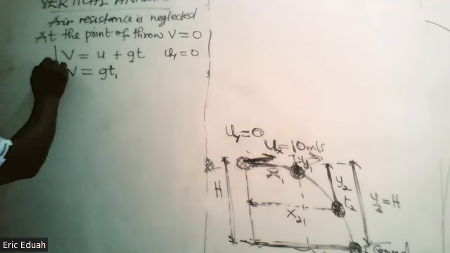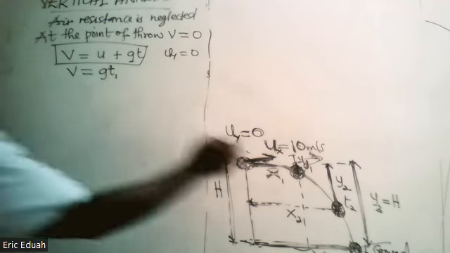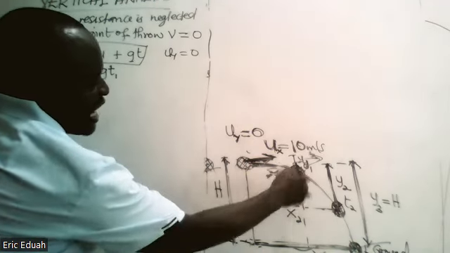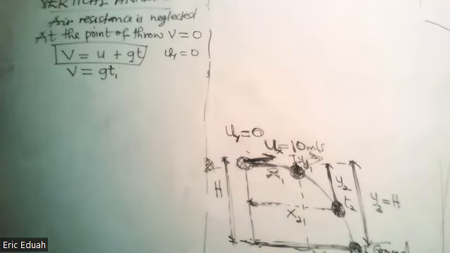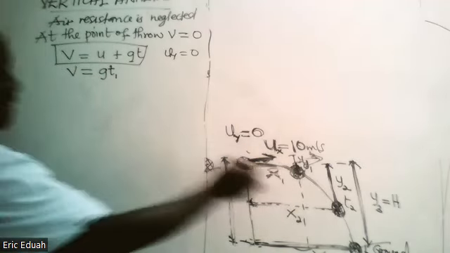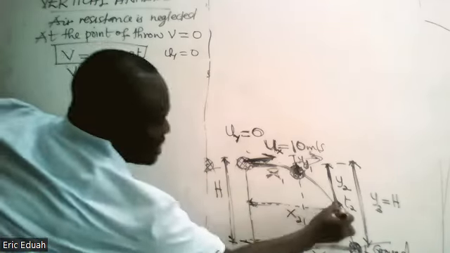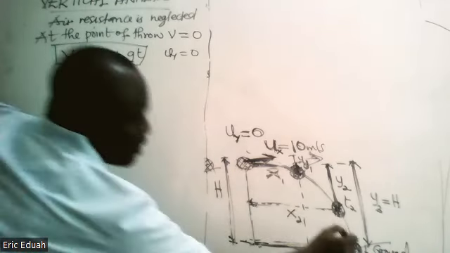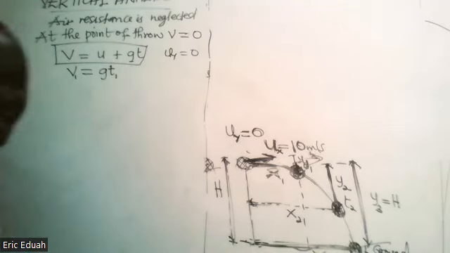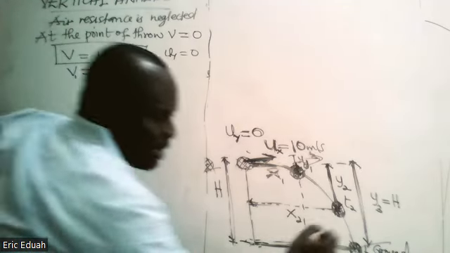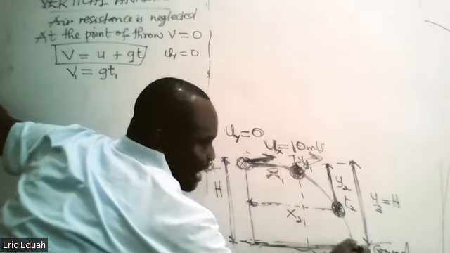Yes. Using equation 1, we can determine the vertical velocity after any given time. So let's take the velocity here to be V1, the velocity here to be V2. The velocity just before it hits the ground, we are denoting by V3.